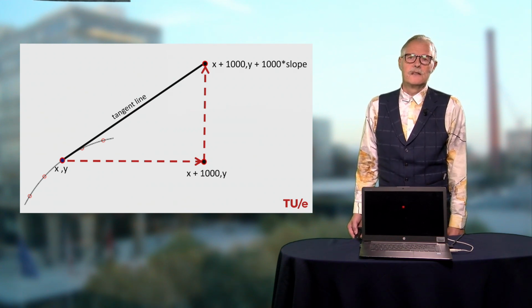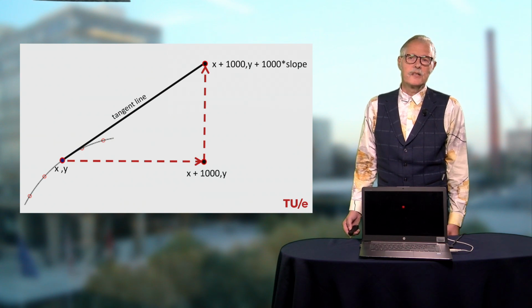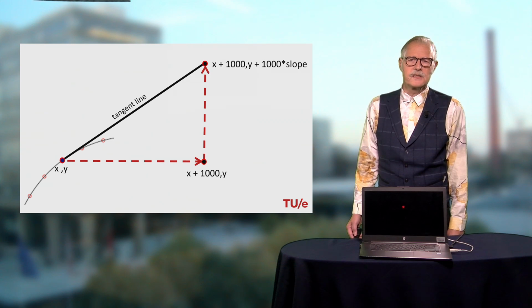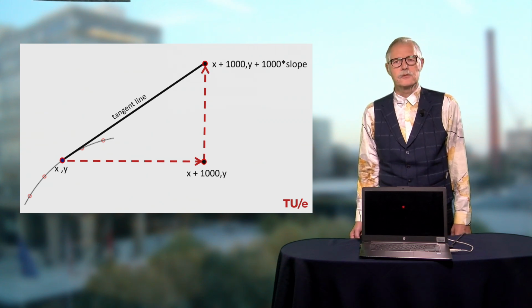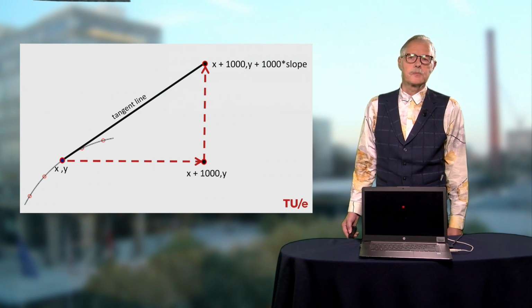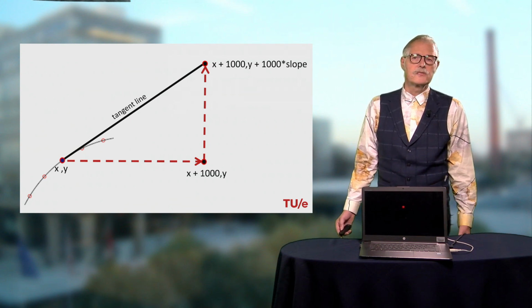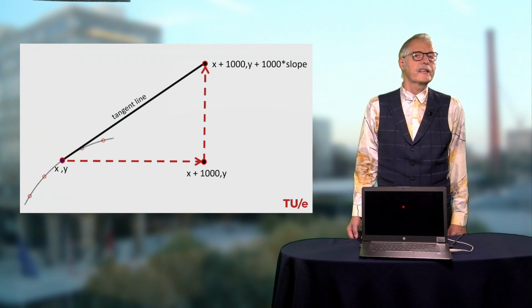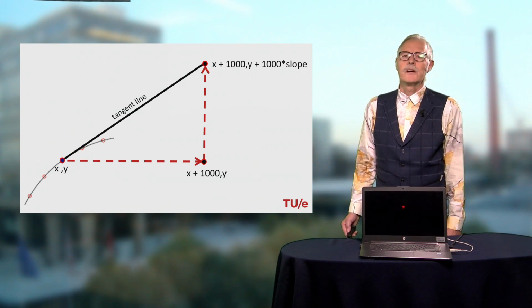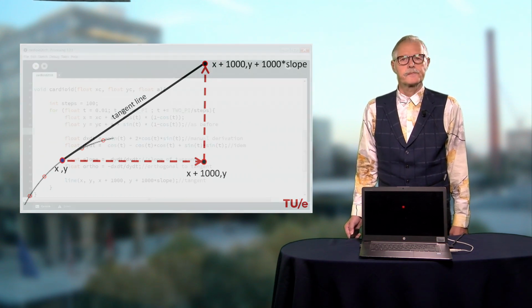Well, y plus 1000 times the slope. That's the definition of the slope. It's the ratio between going forward and going up. So in this case, if we go to x plus 1000 and y plus 1000 times the slope, then we get a tangent line. And how do we get the slope? Well, that's precisely why we took those derivatives.